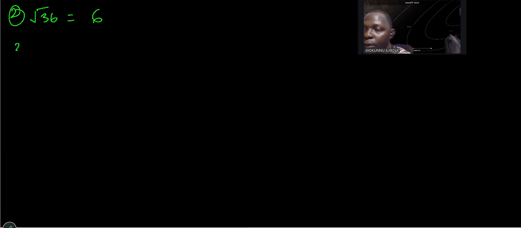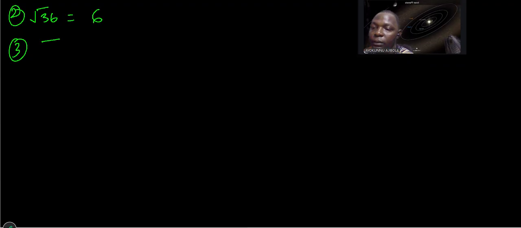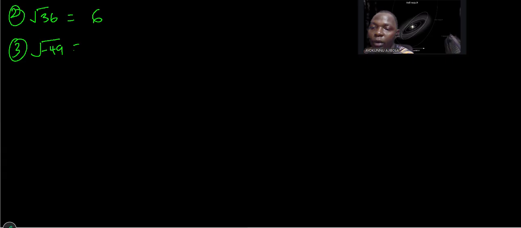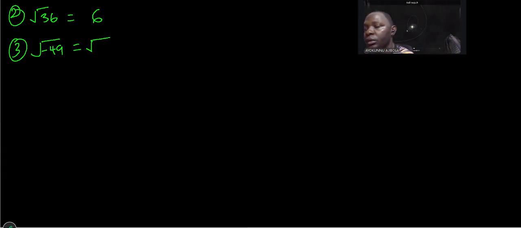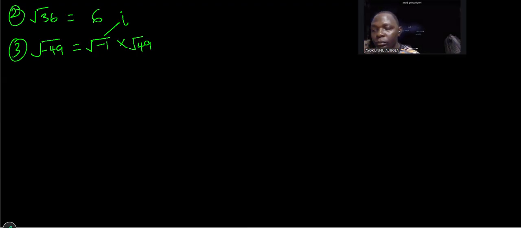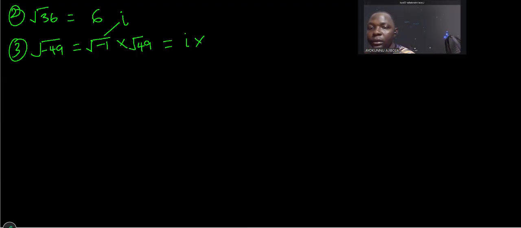But if we have something like the square root of minus 49, here we have to split this into the square root of negative 1 times the square root of 49. And the square root of negative 1 is i, okay? It's a complex number, so i times 7, the answer is 7i.